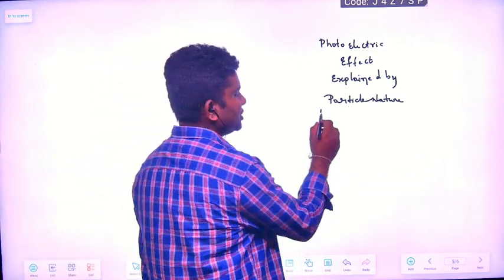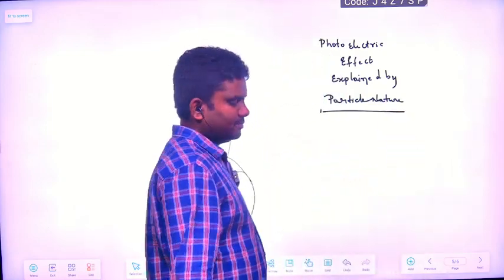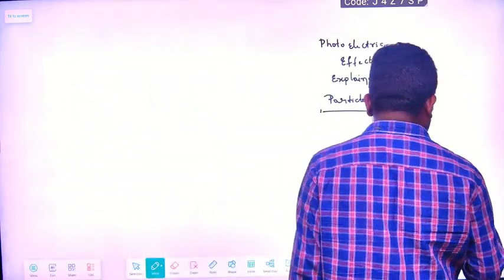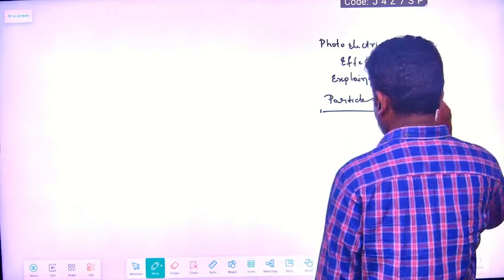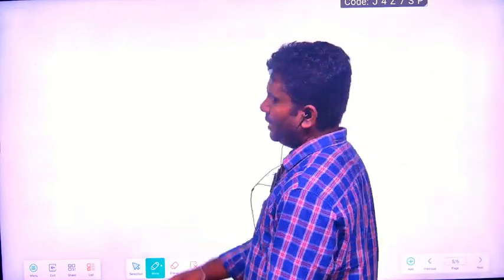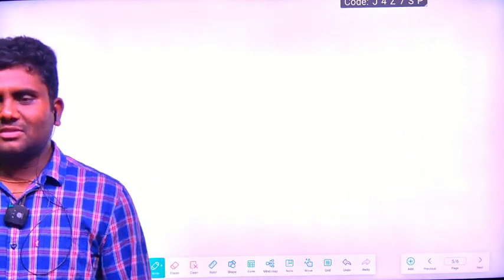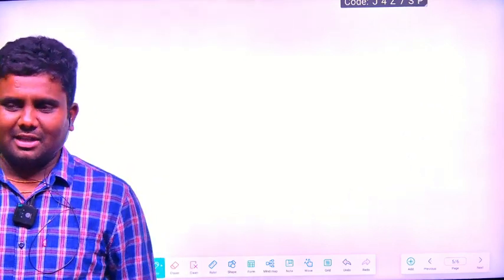This is the particle nature. Now you see here. What you have understood is that some people, like Newton, say light is a particle: reflection and refraction. Even Einstein, with the photoelectric effect.